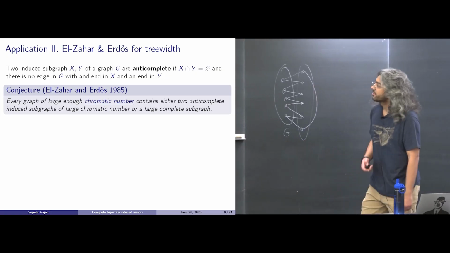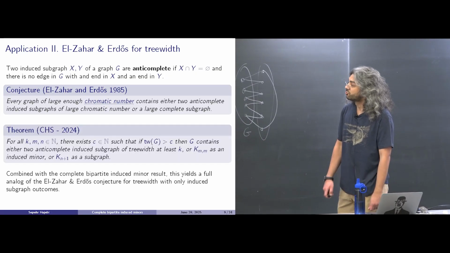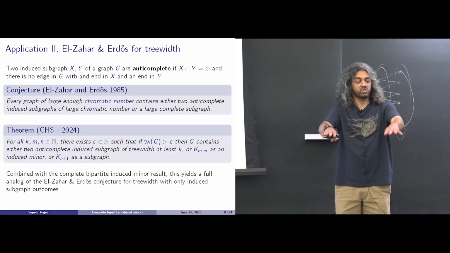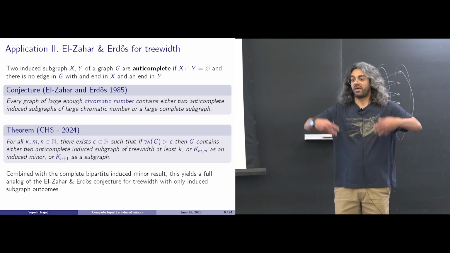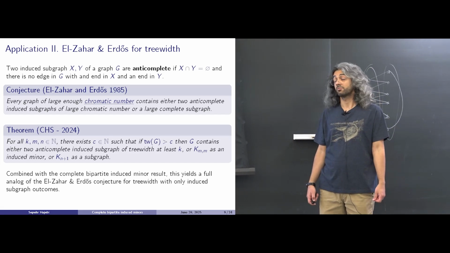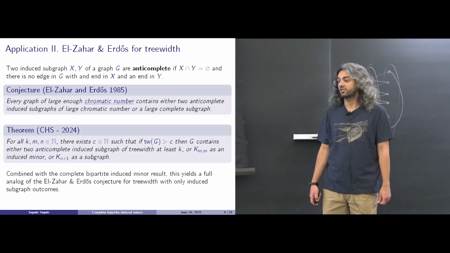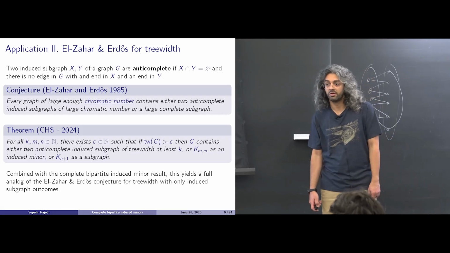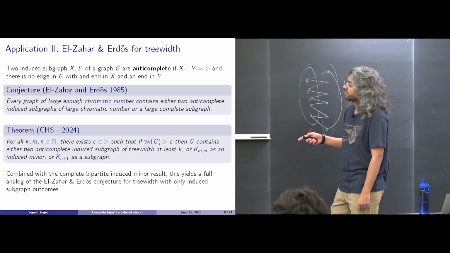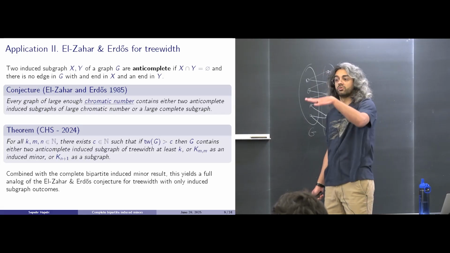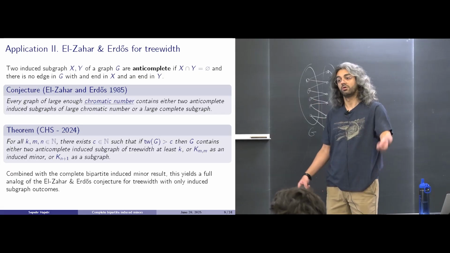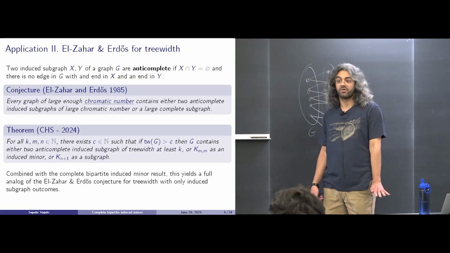And then we thought about it a little bit, and we proved something very similar about treewidth, that every graph of sufficiently large treewidth contains two induced subgraphs that are anti-complete, and they have relatively large treewidth, or the graph contains a large complete induced minor, complete bipartite induced minor, or a large complete graph as a subgraph. And again, you can use the theorem from this talk and turn the complete bipartite induced minor into induced subgraph outcomes, and this gives you a full analog of the El-Zahar and Erdős conjecture for treewidth with only induced subgraph outcomes.